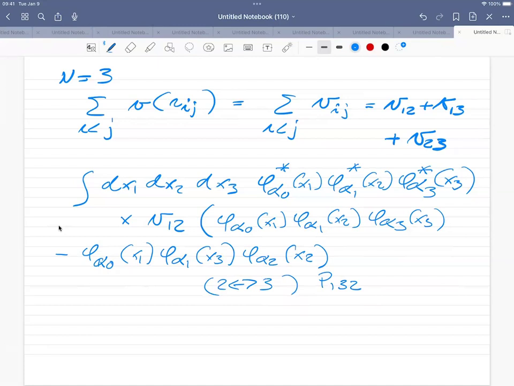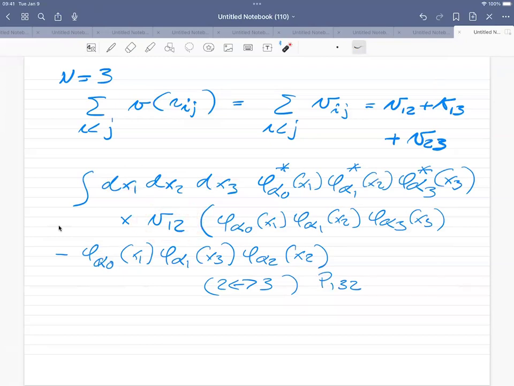If you now think of the fact that these states are orthogonal, and we have now an integral over x1, x2, x3, and then the interaction term acts only on 1 and 2.